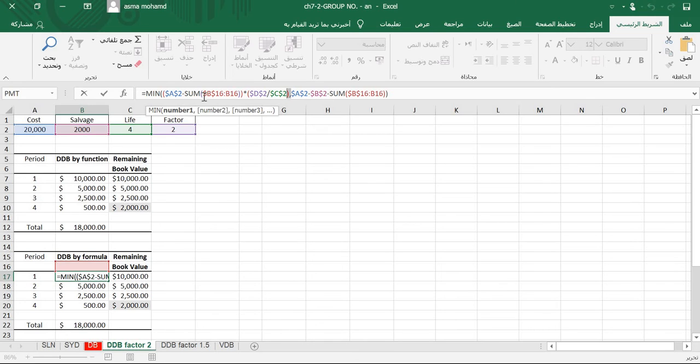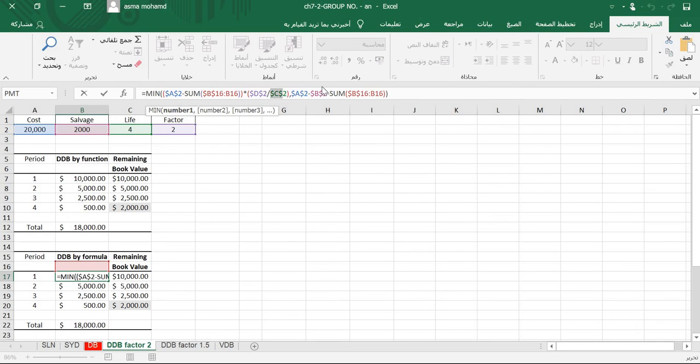What are these numbers? Number one is the A2, which is the cost, minus the sum of B16, which is this one referred to as the remaining book value, multiplied by the D2 divided by C2, which is the factor by life.